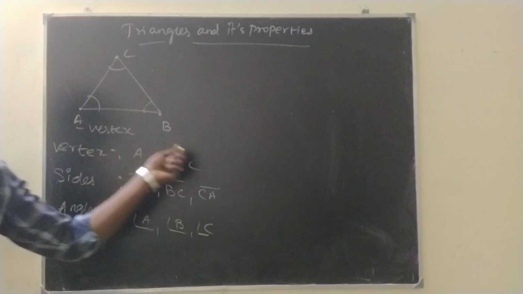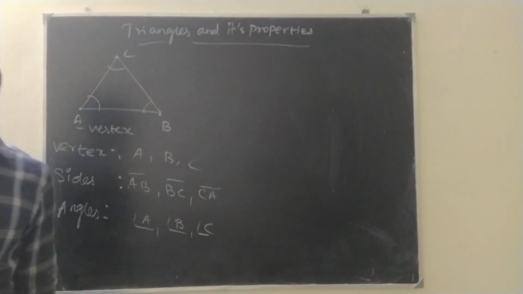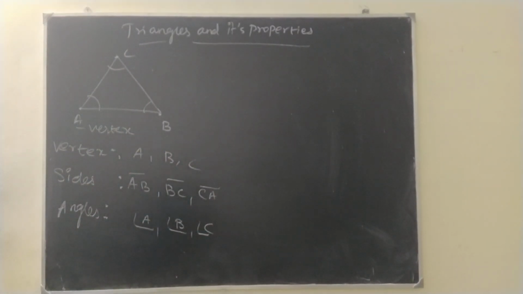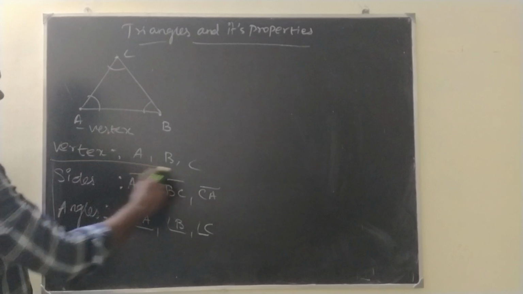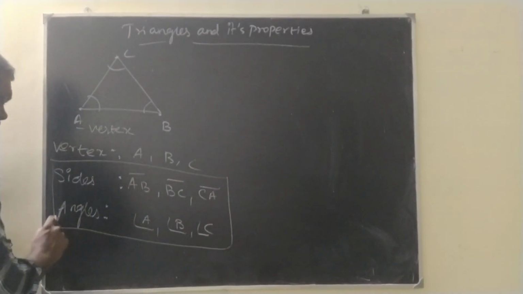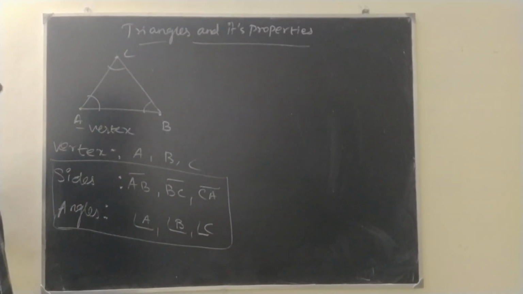These are all called components of a triangle. In that, the sides and angles alone are called the 6 elements of the triangle.